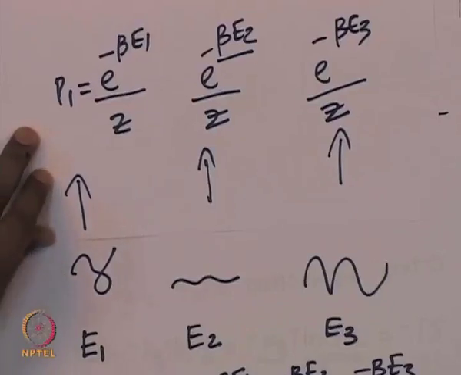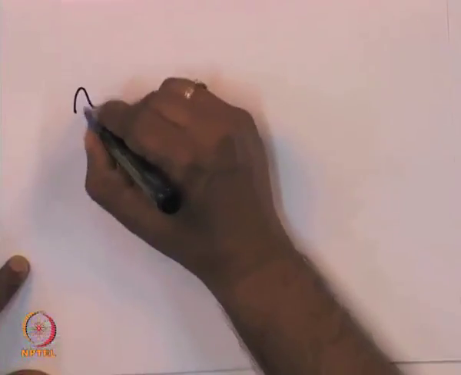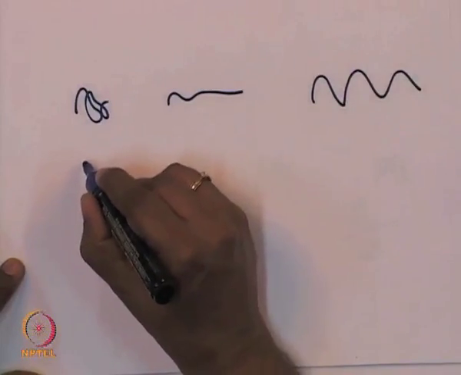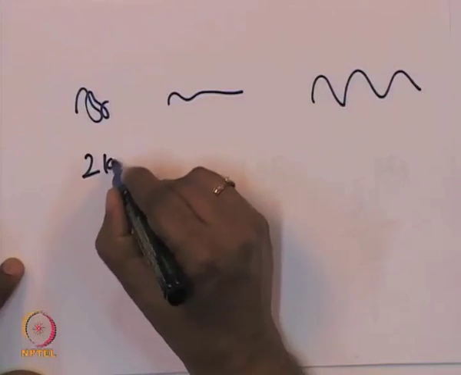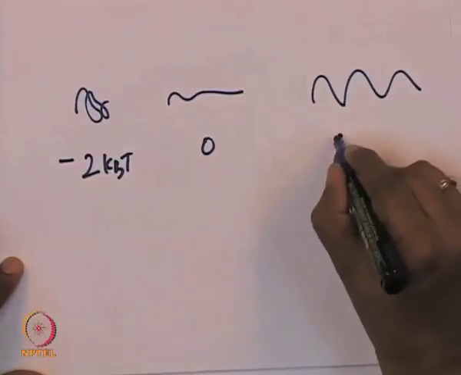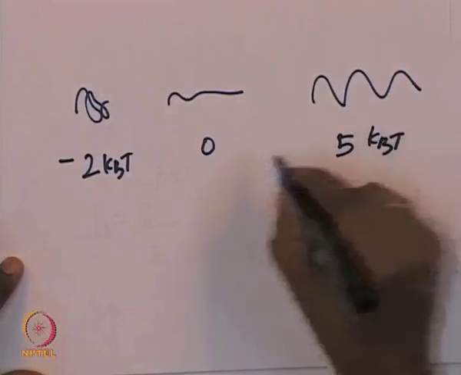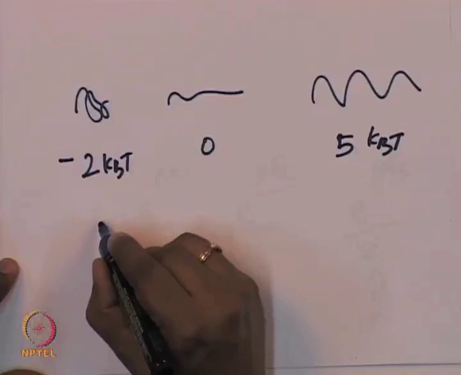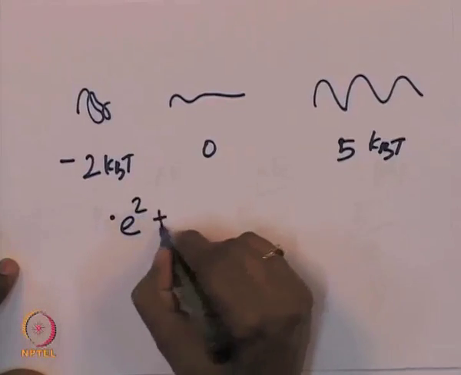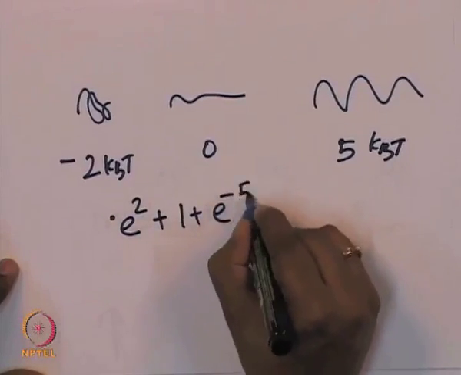Now we have some values for z here. We said that the 3 states, the curved state, the straight state and the curly state, have energies minus 2 kBT, 0 kBT and 5 kBT. The partition function turns out to be e power 2 plus 1 plus e power minus 5.